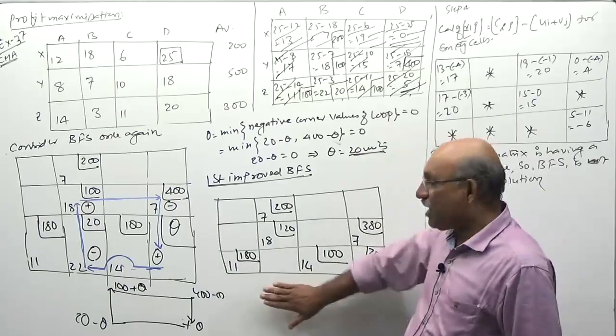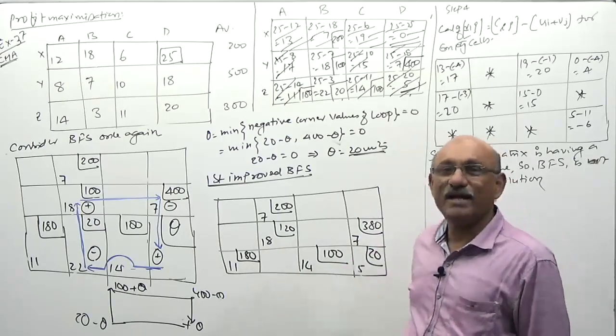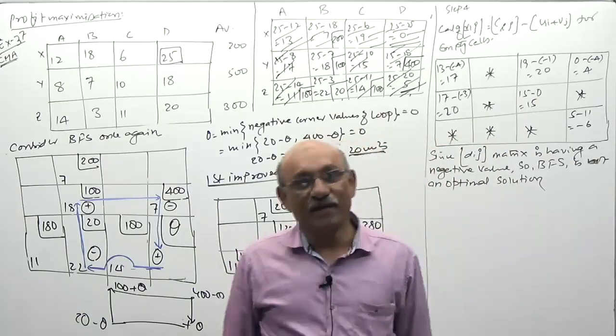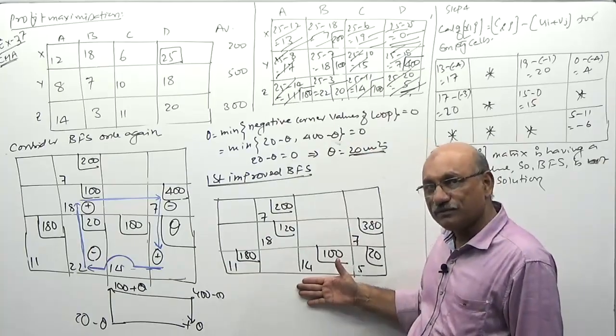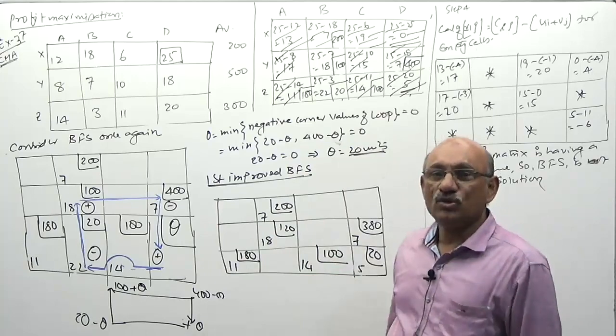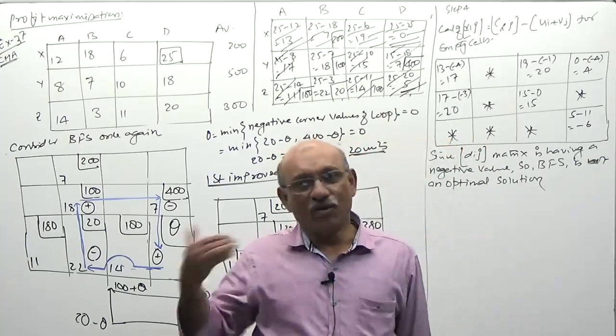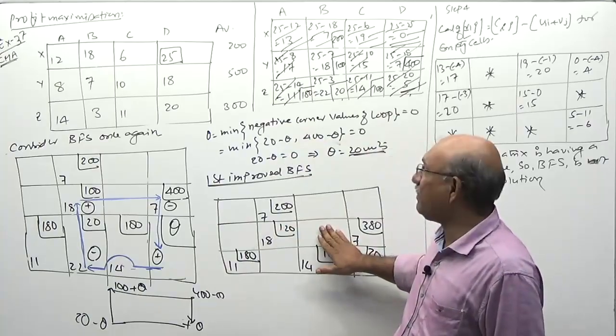Now, this is not the end of the story for this problem. Why? We don't know whether it is an optimal solution or not. So we have to perform the optimality test for the first improved BFS.